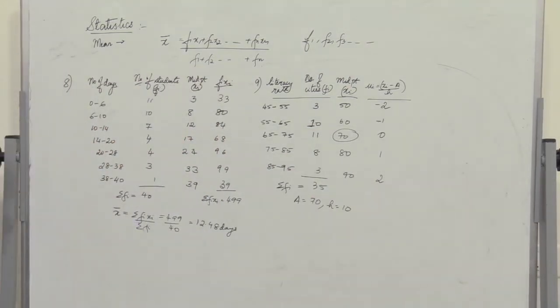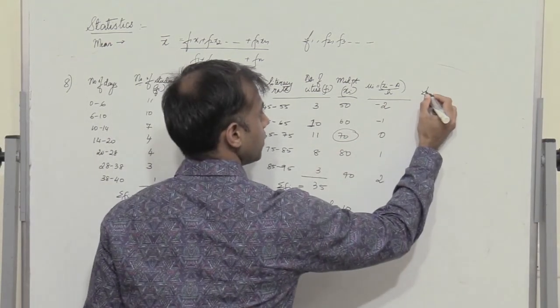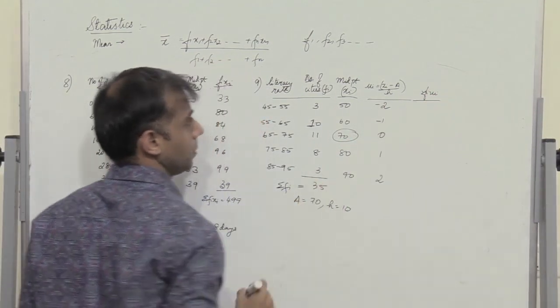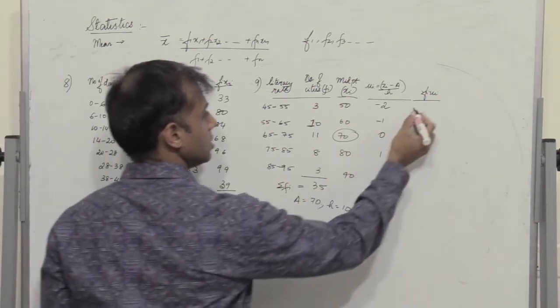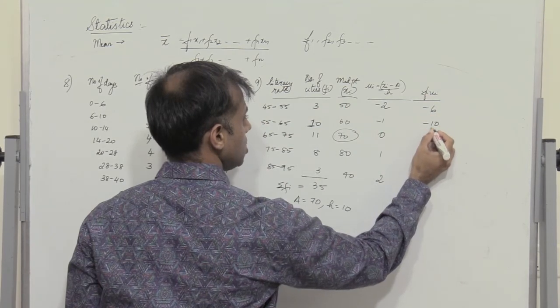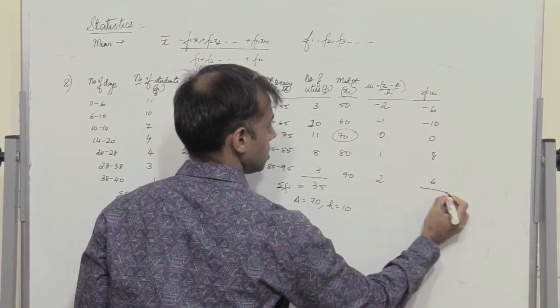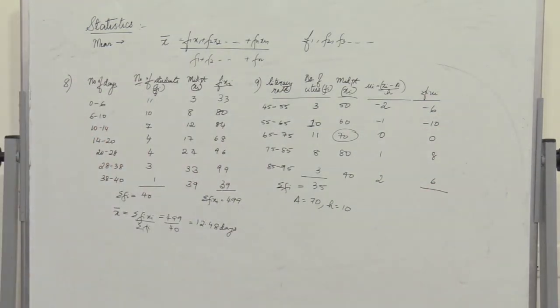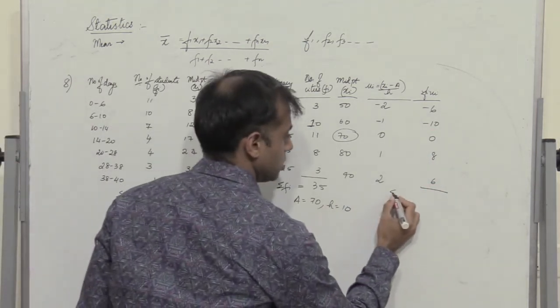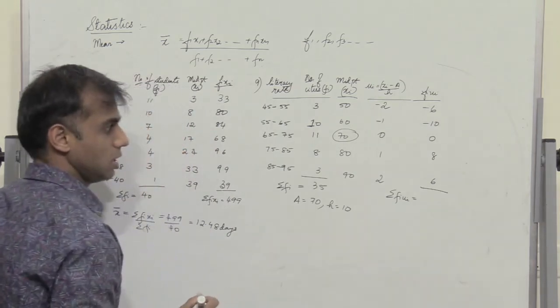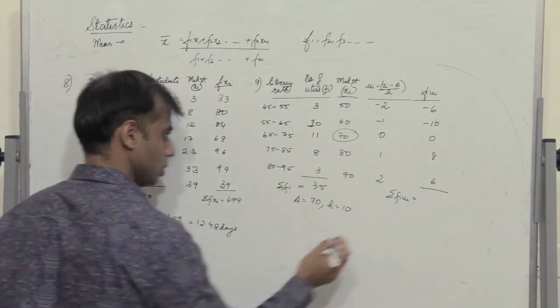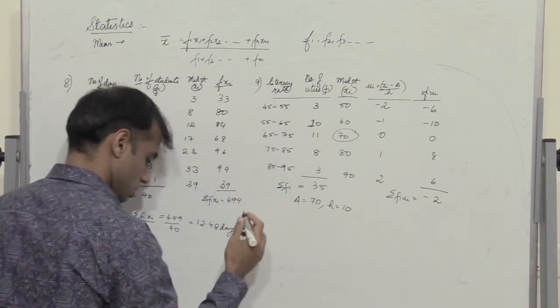So this is ui. So next we need to find fi into ui, right? So multiply these two. 3 into minus 2 is minus 6. Then we have minus 10, 0, 8 and 6. So let's find the summation FIUI. So we get minus 16 plus 14, which is minus 2. So what is the mean value?